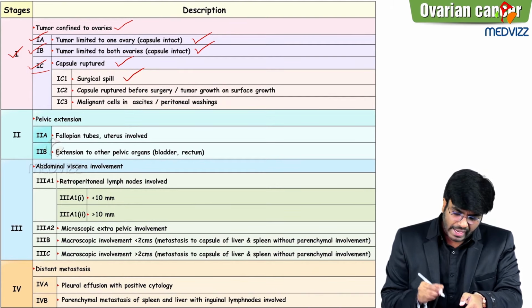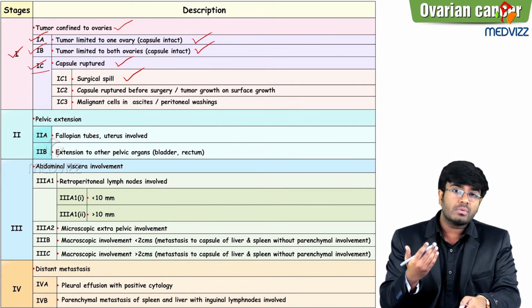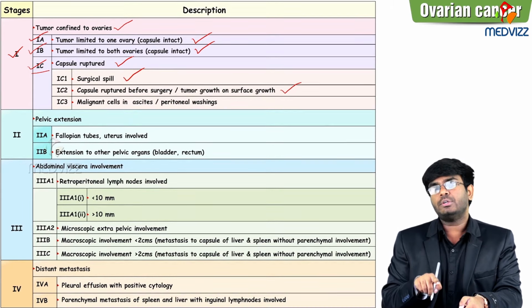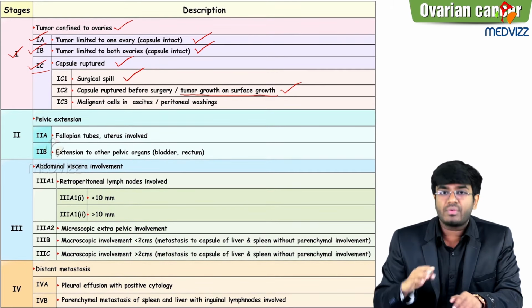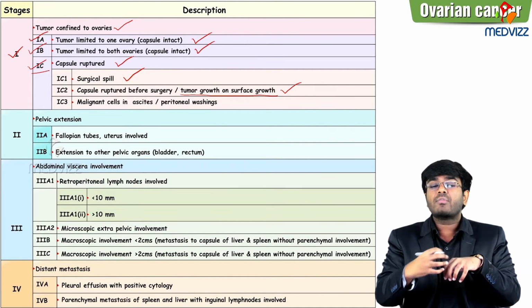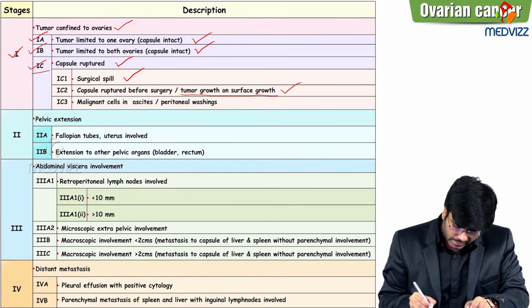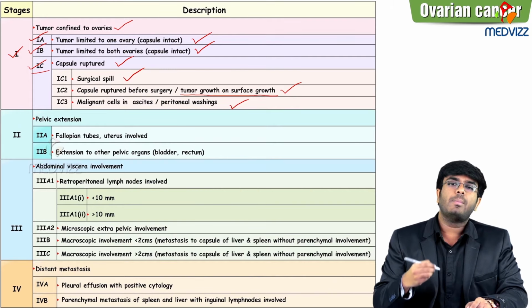Now if the capsule has ruptured before surgery, pre-operative rupture, then it is 1C2, or in 1C2 you can see the tumor growth on the surface of the capsule. 1C3 means the malignant cells in the ascites or peritoneal washings are coming positive.